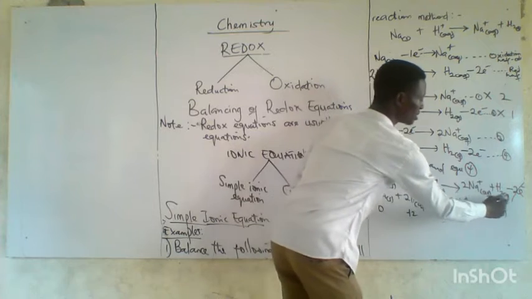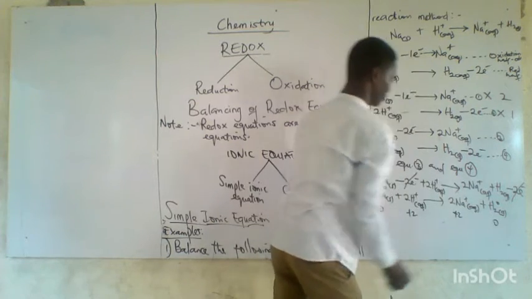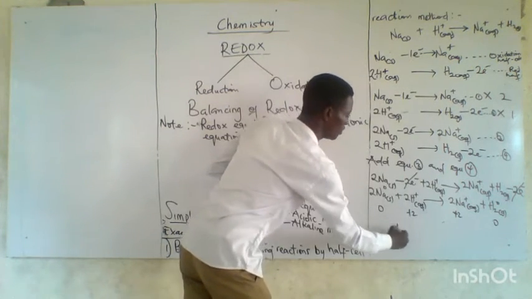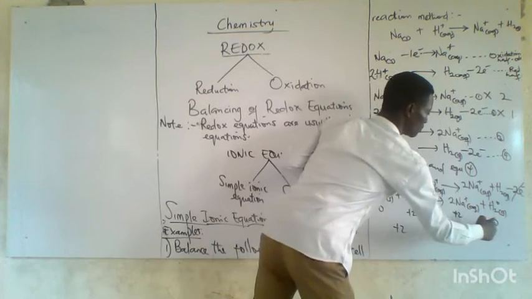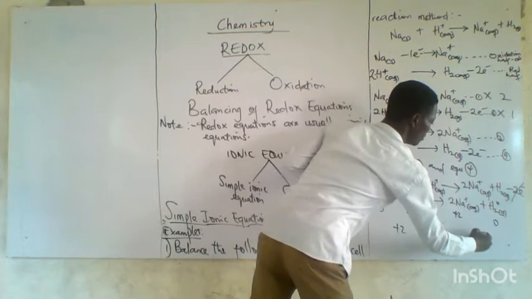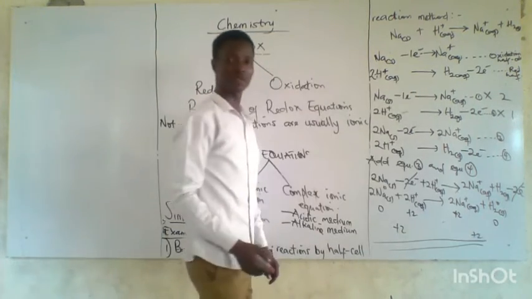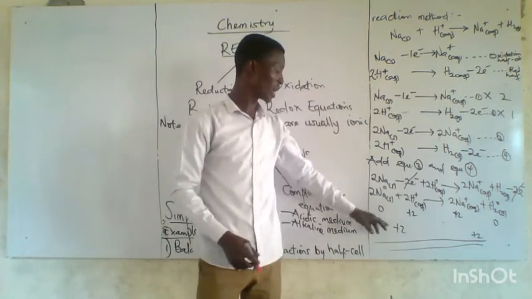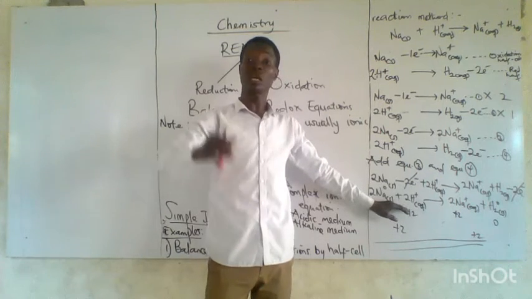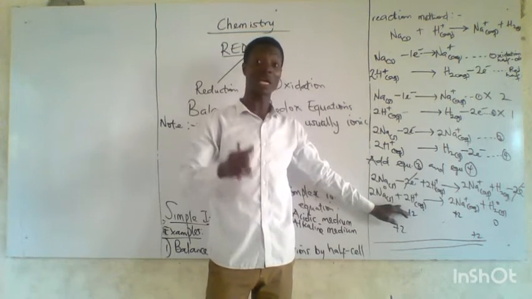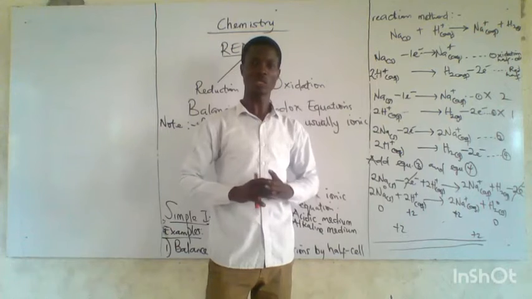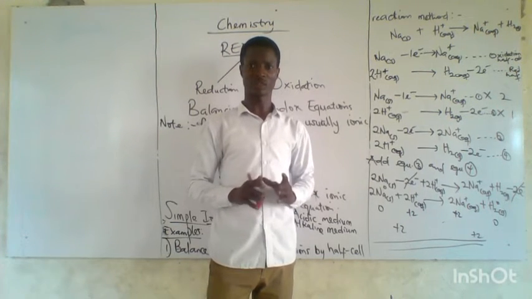The charge of this is 0. 0 plus 2 will give me plus 2. 2 plus 2 plus 0 will give me plus 2. Hence, I end my solution. So it is atomically balanced and ionically balanced. So the solution is actually solved.